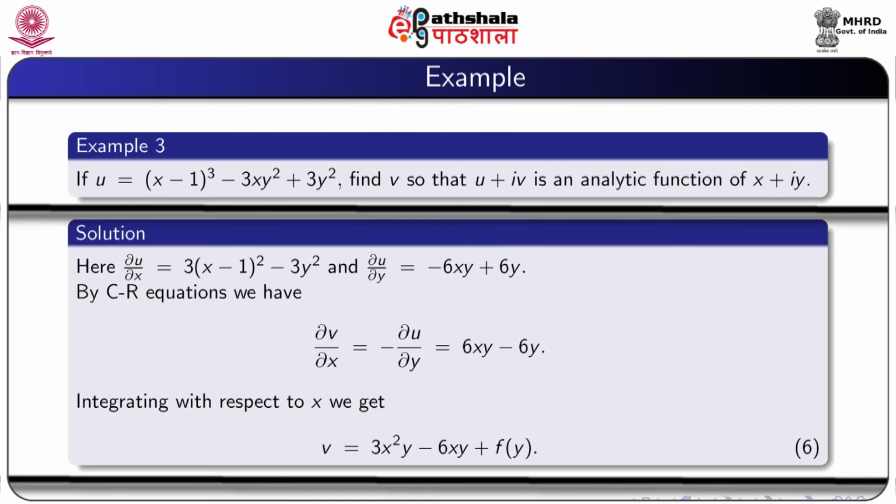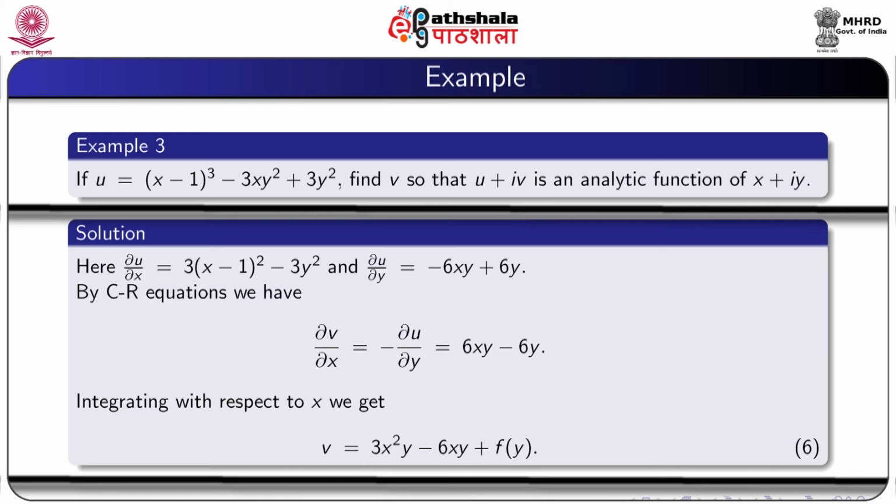So, here u is (x minus 1) whole cube minus 3x y square plus 3y square. So, differentiating partially with respect to x and with respect to y separately, we get del u del x is equal to 3 into (x minus 1) square minus 3y square and del u del y equal to minus 6xy plus 6y.